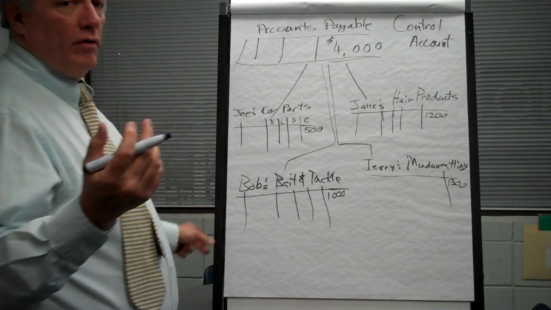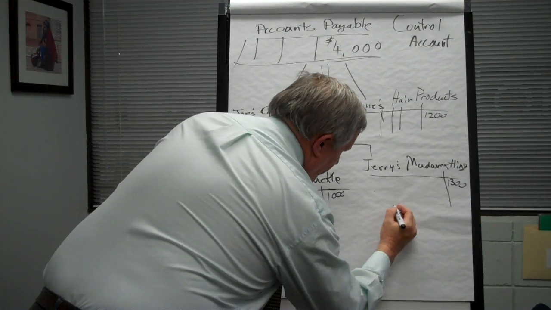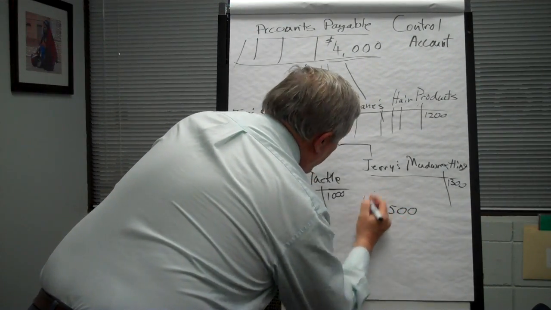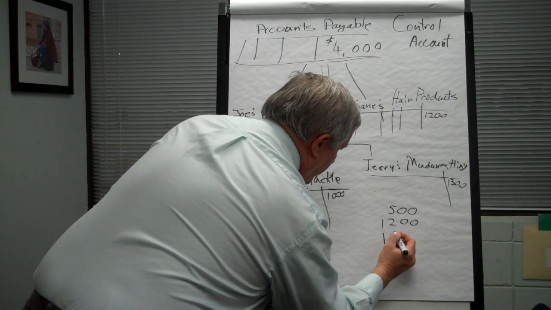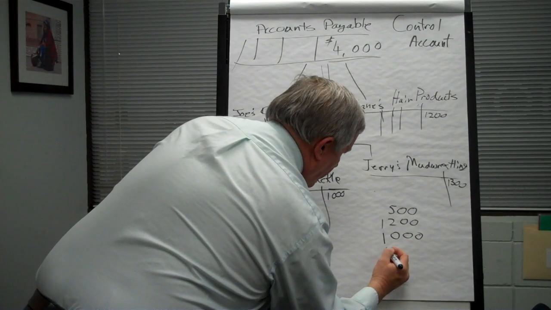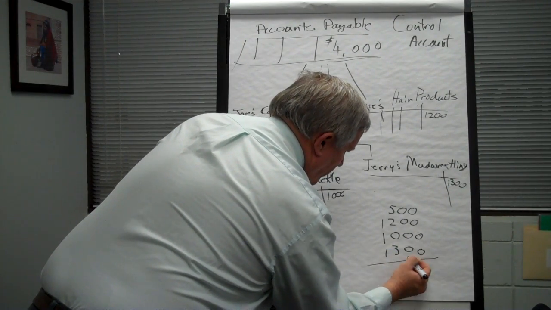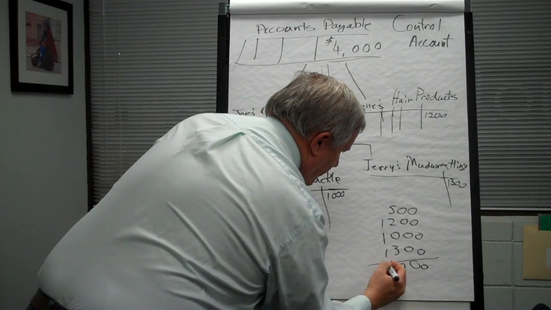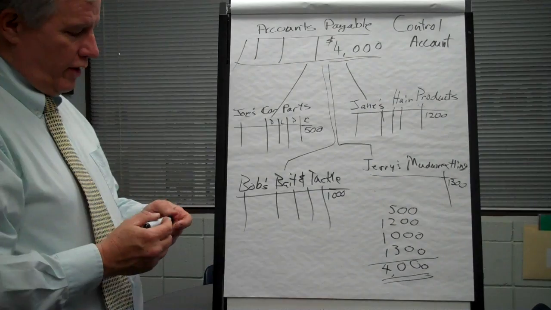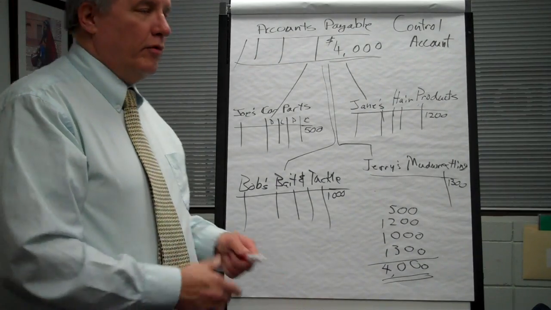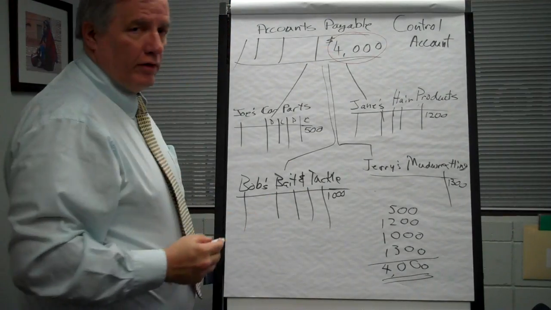If I add up all the balances in my subsidiary ledger, my subsidiary ledger then supports the number and proves the number in my controlling account.